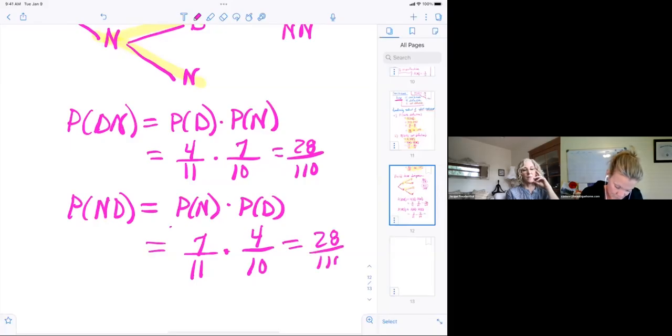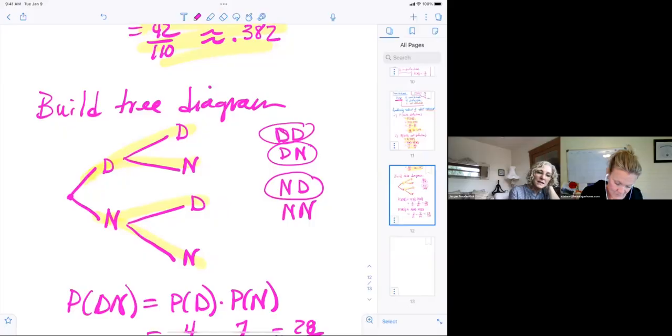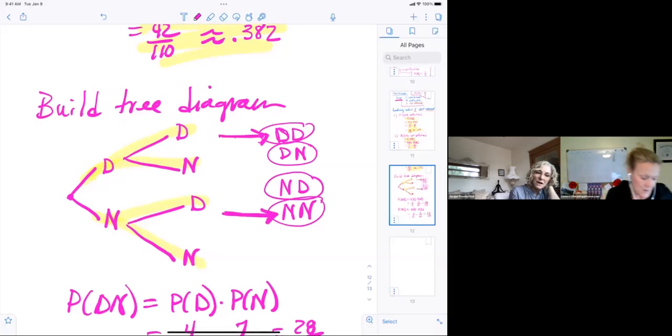So we end up with the same probability as we did the other way with the defective, not defective. So I'm looking at my sample space here. Probability both defective. Probability both not defective. Probability that one is defective.